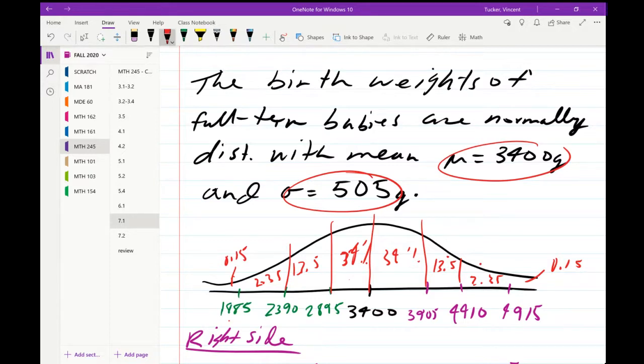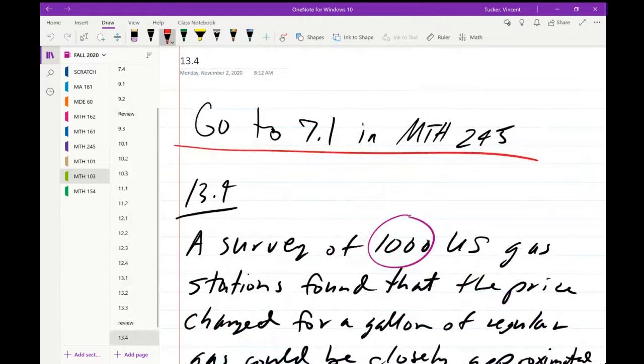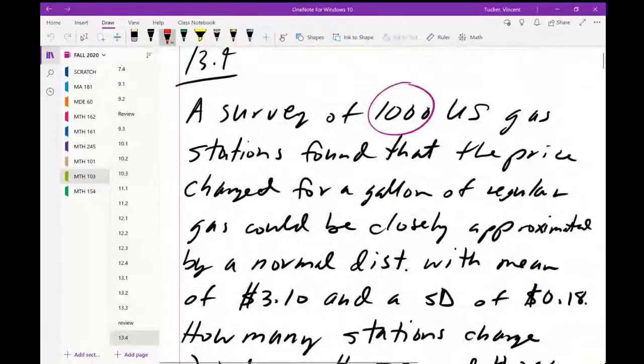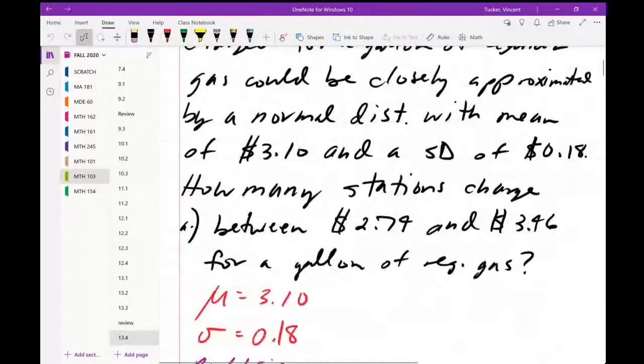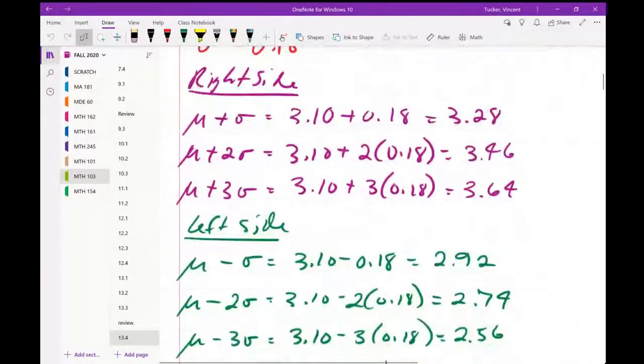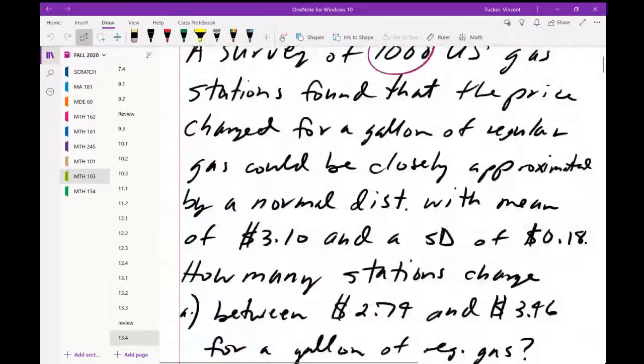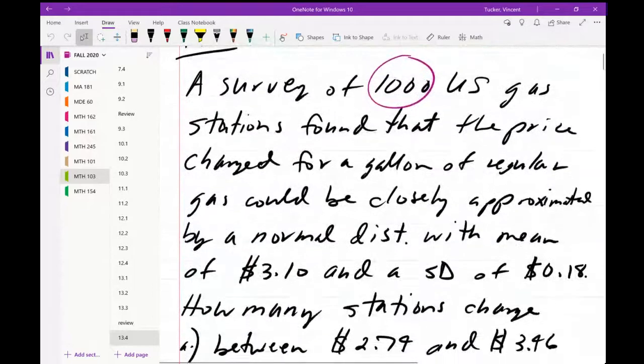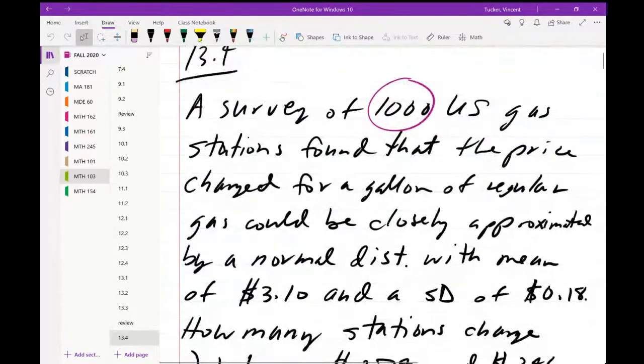All right, so let's go to the rest of the notes. Yep, so this is doing the empirical rule again, but this time we have actual questions that are applied to it. So we have a survey of 1,000 U.S. gas stations.